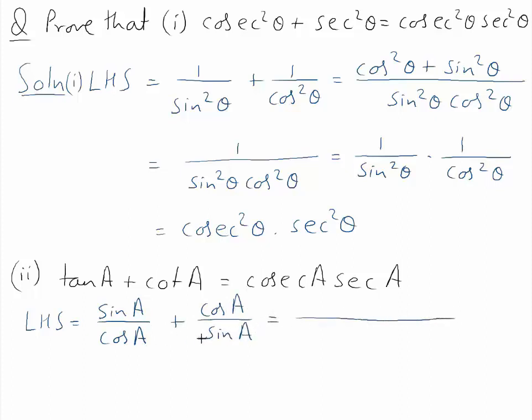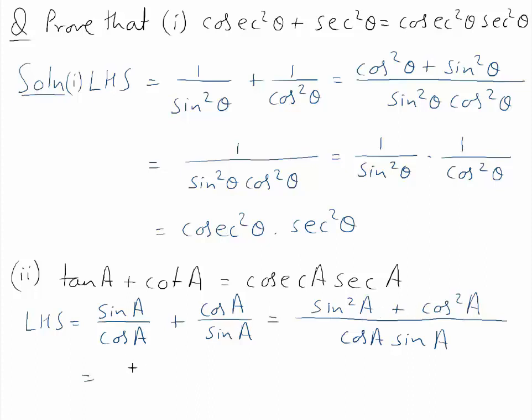Now we can take LCM, that would be cos A sin A. Now sin A will get multiplied with sin A and we will get sin square A. Cos A will get multiplied with cos A, we will get cos square A, just like we normally take LCM.